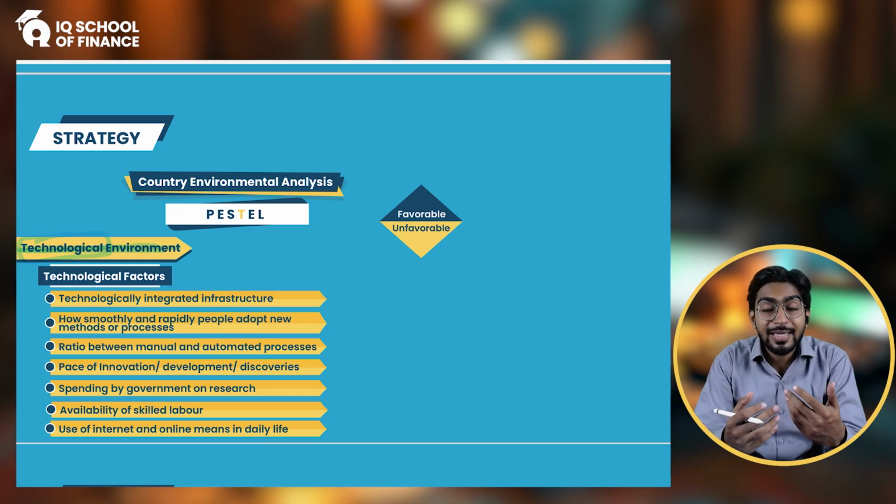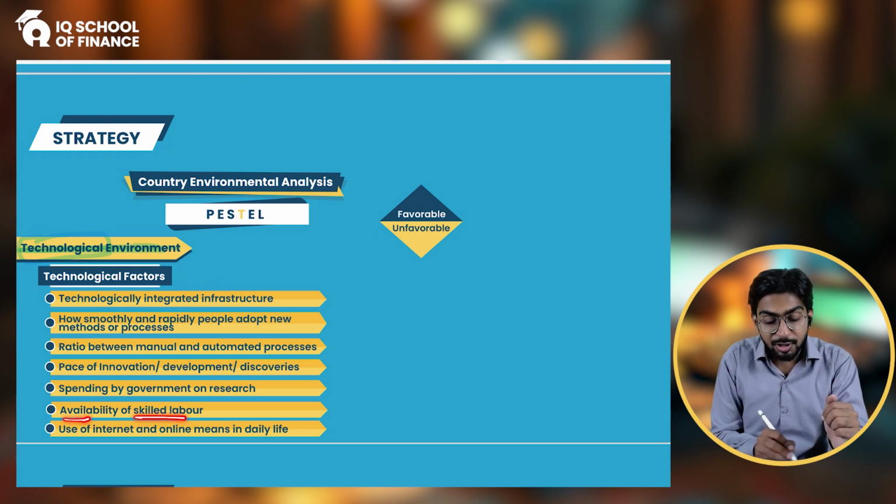It again shows how technologically advanced the country and the environment are, and how quickly changes are coming. So you have to keep yourself updated, because if you do not, obviously you will stay behind everyone. And if you stay behind everyone, your business will go into losses, and the business will be wound up, right?